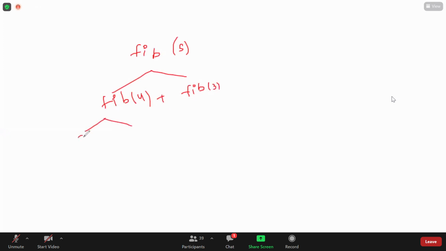Fib of 4 we have divided further, and we can do the same like this. Fib of 3 also we divide, into 1 and 0, right? So 5 means this nth term, down to the 0th term. So we are constructing the tree with the nth term.